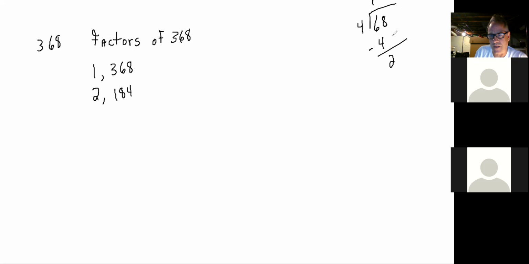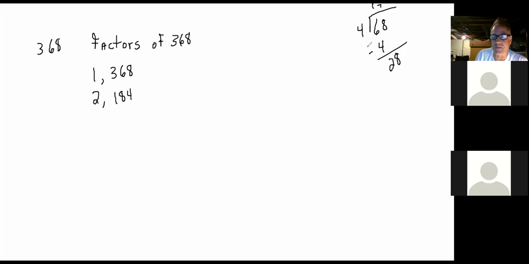Subtract, and that's a 2. Bring down the next number, and lo and behold, 4 goes into 8 two times, so it goes evenly. So that's the divisibility test for 4. If the last 2 digits make a number that is divisible by 4, the whole thing is divisible by 4.